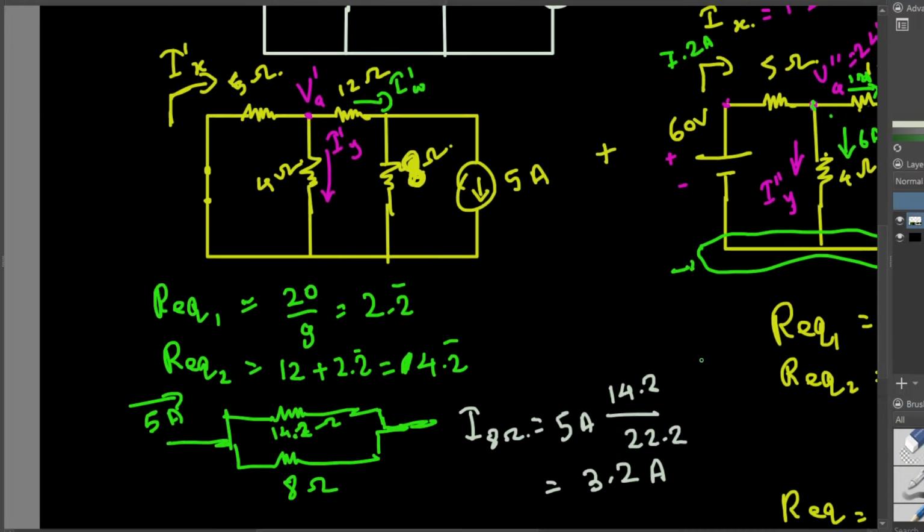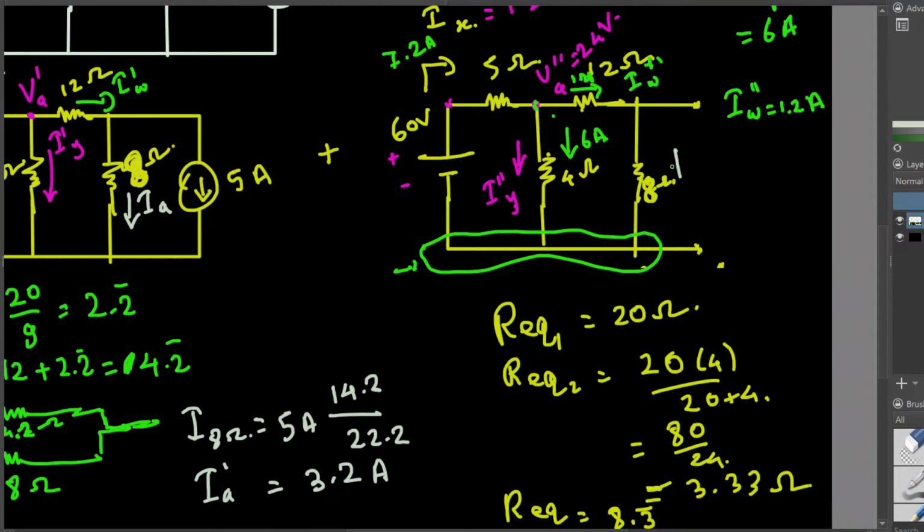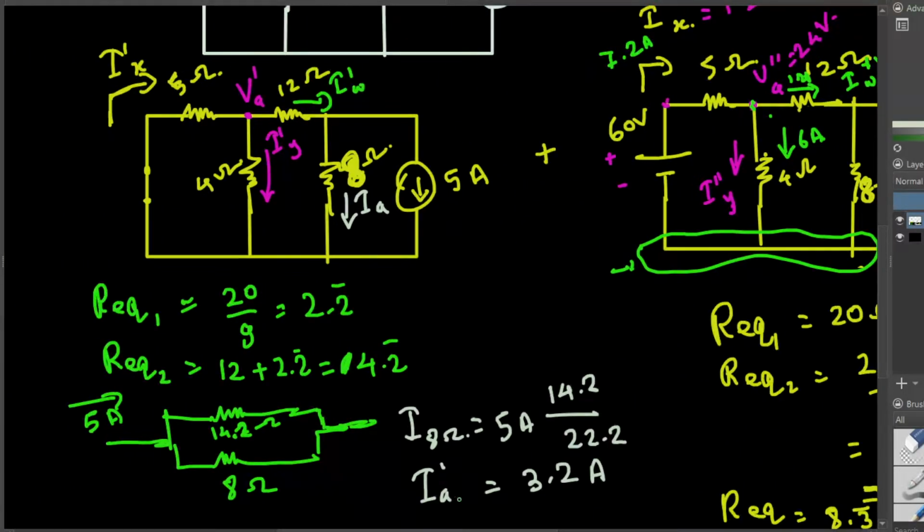Here we didn't label the current passing through the 8 ohm resistance, so we can give it a new name, let's say IA. If this is IA, we can call this one IA prime, and whatever current passes through this is IA double prime. We found IA prime, that is 3.2 ampere.